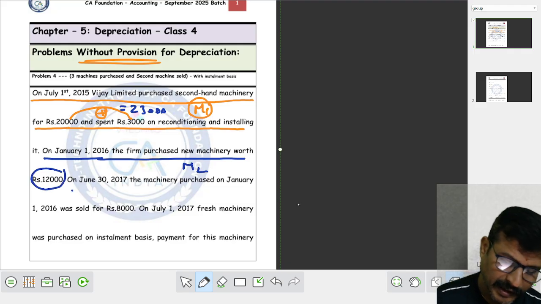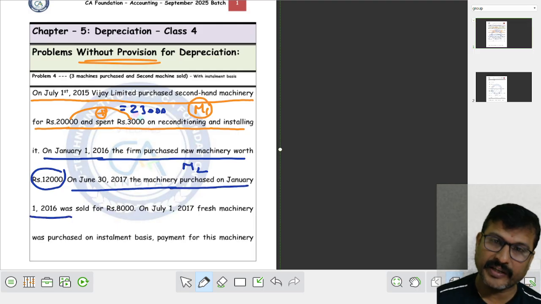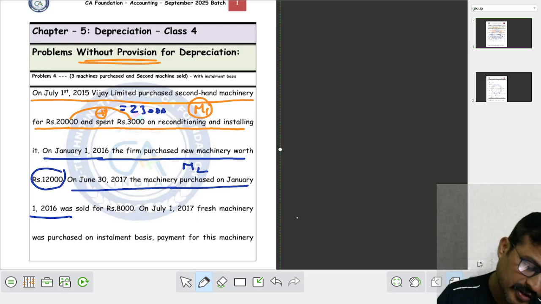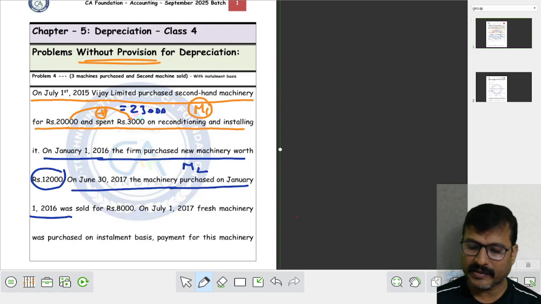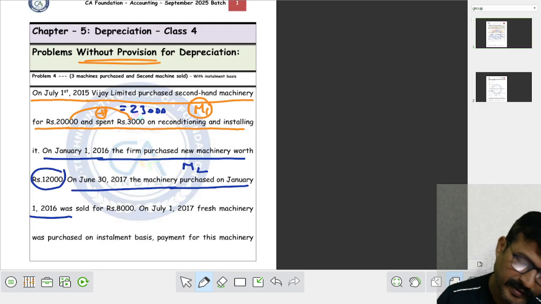Fine. On 30th June 2017, the machinery purchased on January 16 is sold. Which machine is that? The machinery which was purchased on January 16 means it is the first machine.